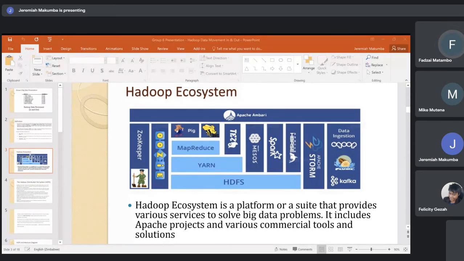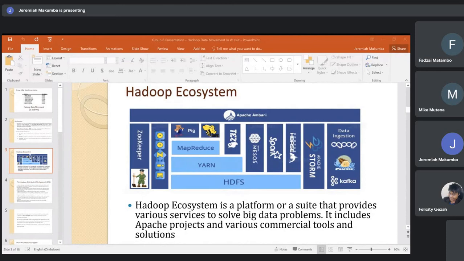When we talk about the purpose of HDFS, I think the most important thing is that we create nodes for storage so that we don't lose information. We create blocks to distribute the information.